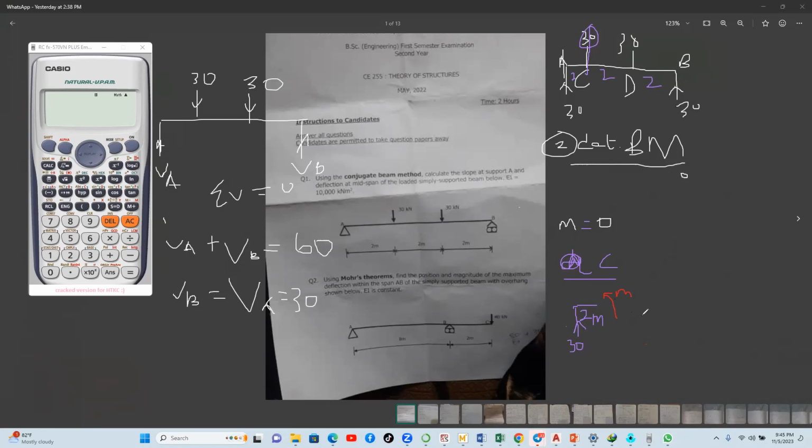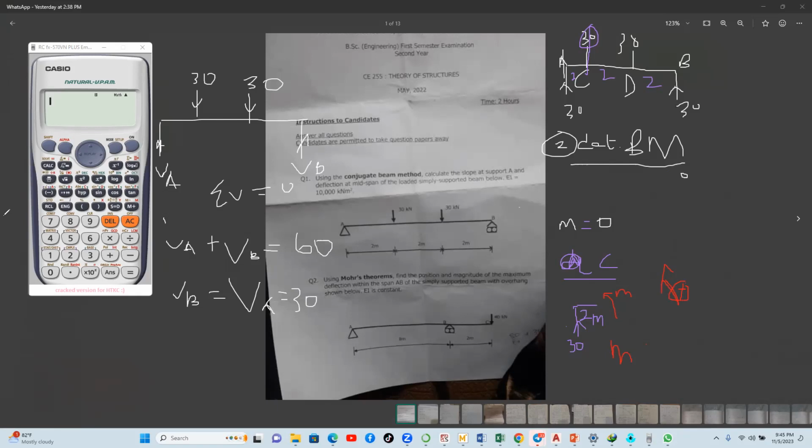So the value of M, you have to choose a direction for your work. I'm choosing this direction, the direction of M, to be positive. Okay. So the direction of M is positive here. And that means that I'm going to have M to be positive.